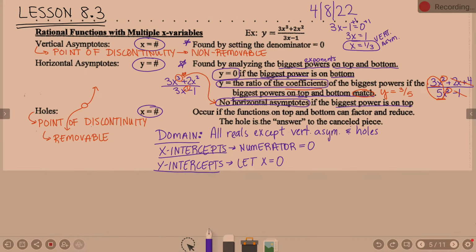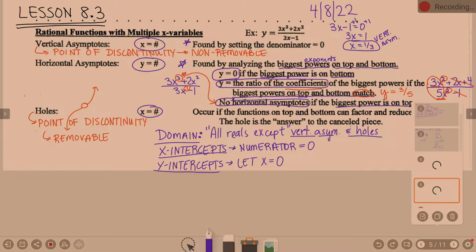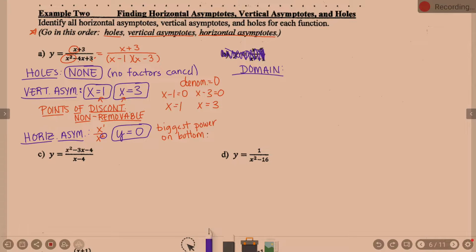It's going to be all reals except any vertical asymptotes or holes. Did I have any vertical asymptotes or holes in this problem? I did. So all reals except x equals 1 and x equals 3.